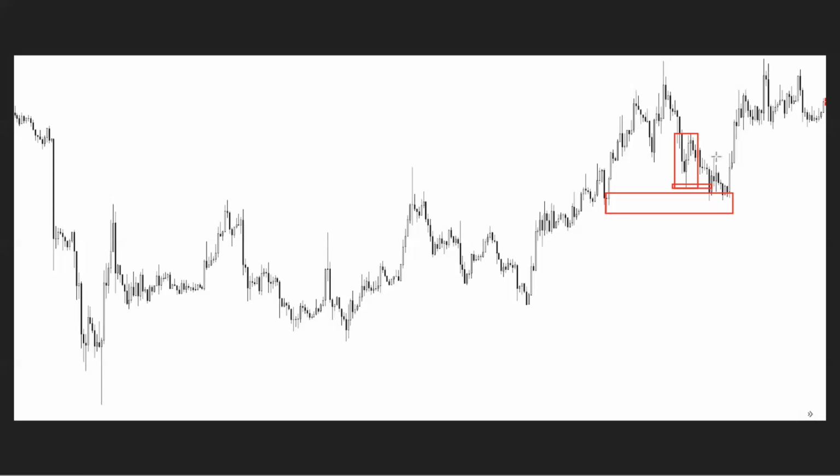Ideally, if you were going to take a short at an FTR like this, you'd want to see this pocket of liquidity broken, for price to break down through that area and then retrace. Is it clear why that's the case? As I say, it's important not to be too mechanical.